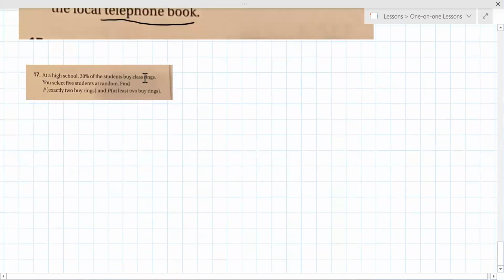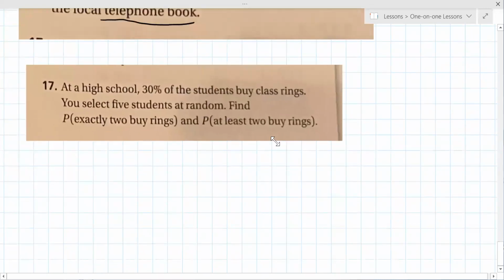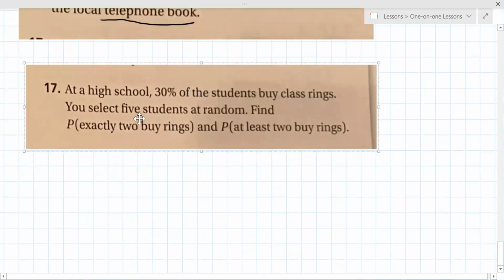All right, so at a high school, 30% of the students buy class rings. You select 5 students at random, find the probability. Okay, so now we get a little bit harder questions here. Exactly 2 buy rings.